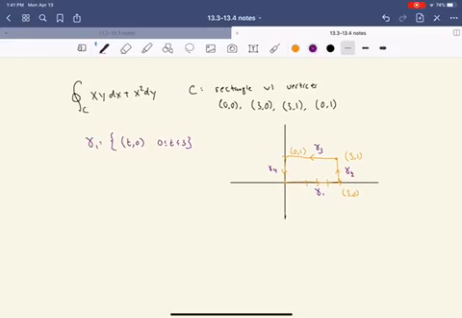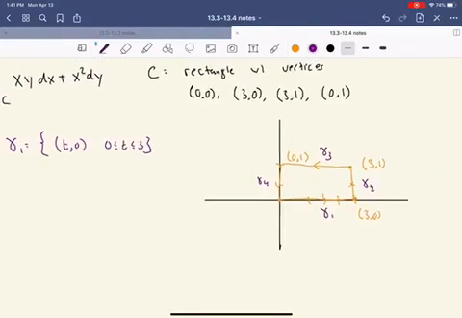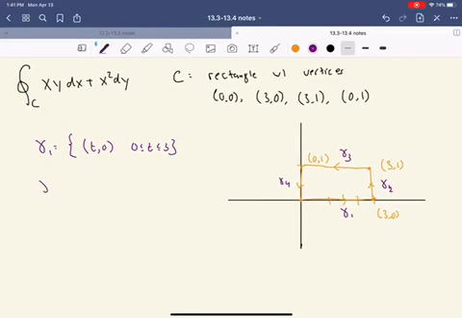Gamma 2 is going to be (3, t), where t goes from 0 to 1. That means we're just going up this way.